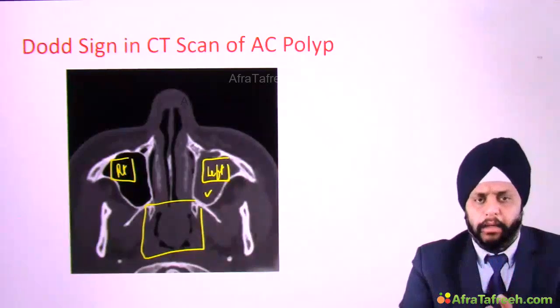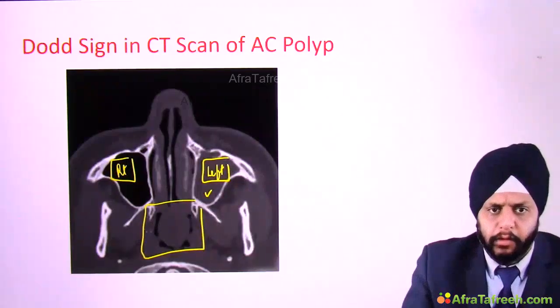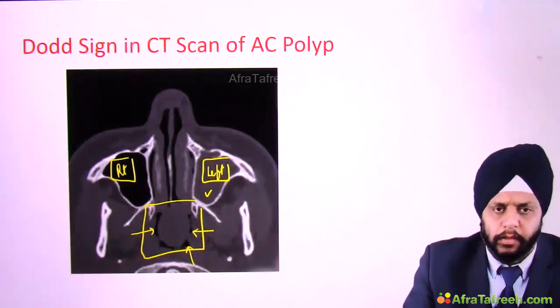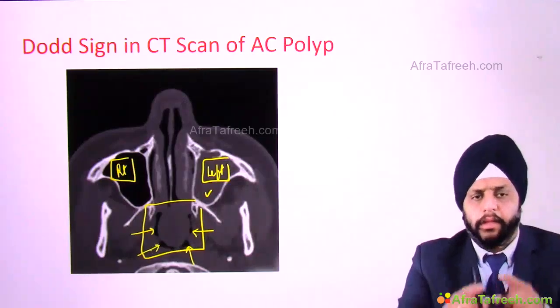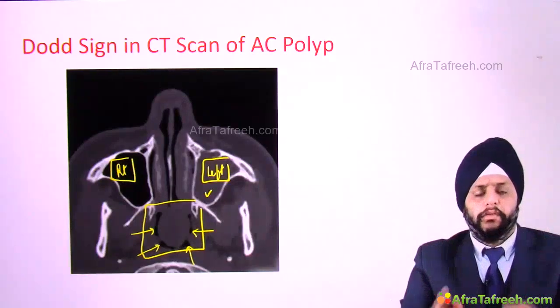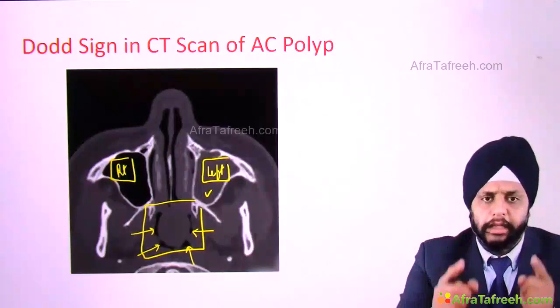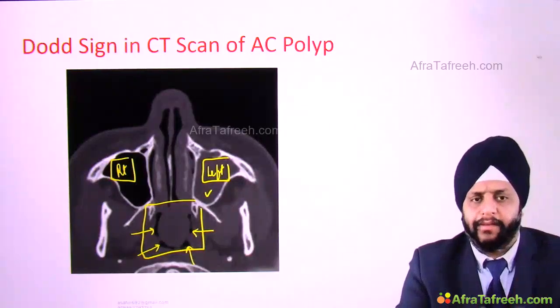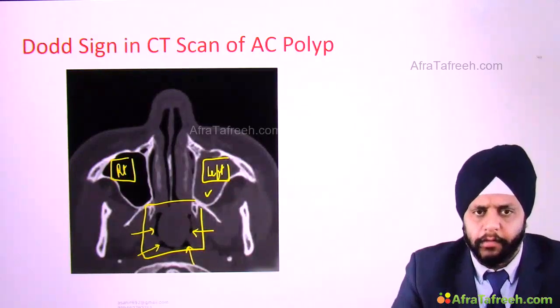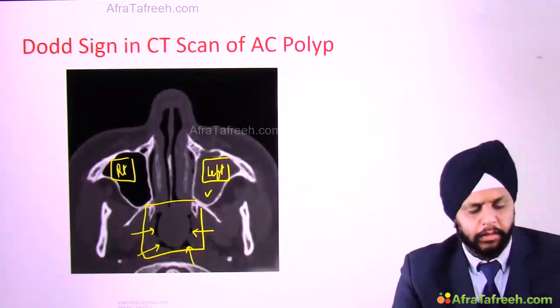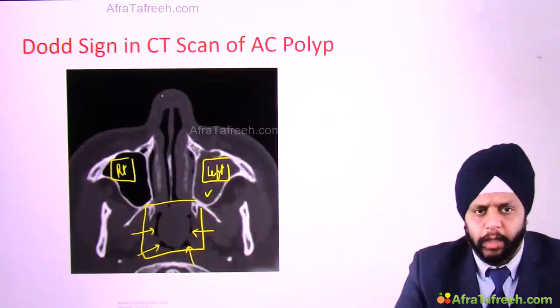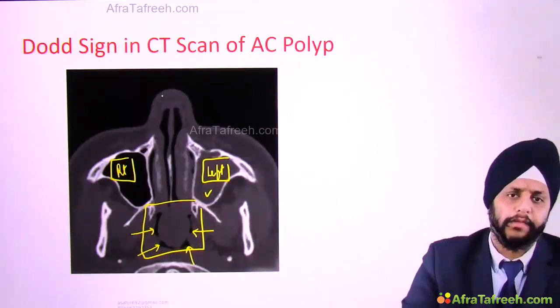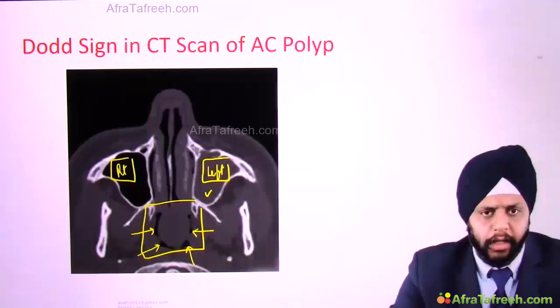But all around the mass, there is air present. That is the dot sign in the CT scan of AC polyp. So you can say dot sign or crescent sign in the CT scan of AC polyp. Dot sign is seen in AC polyp, and this is how we differentiate this from adenoid hypertrophy.